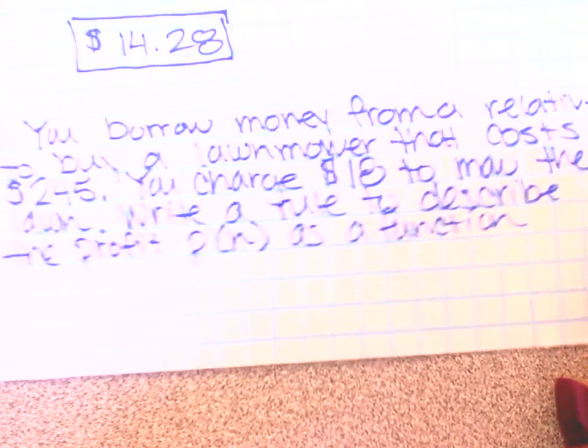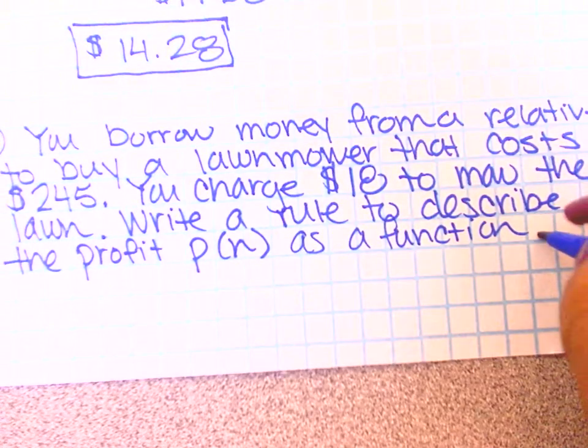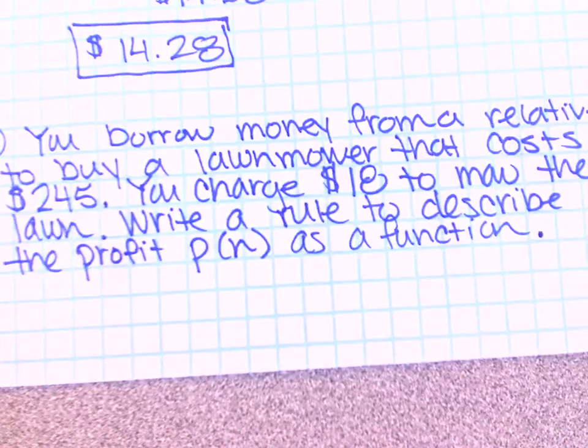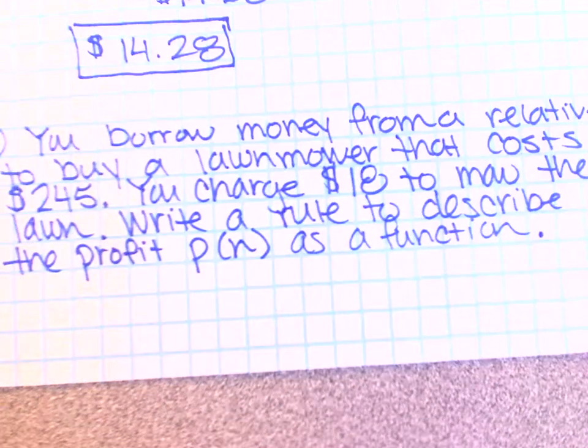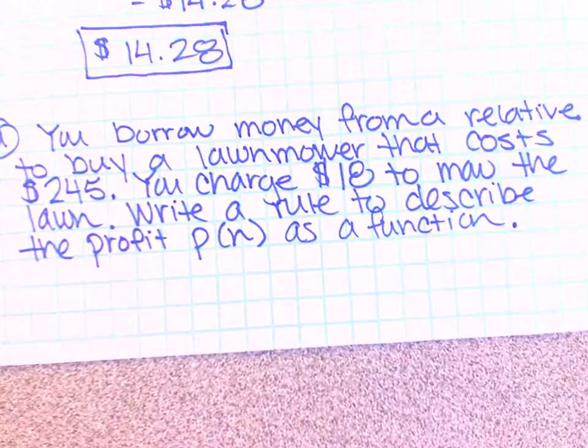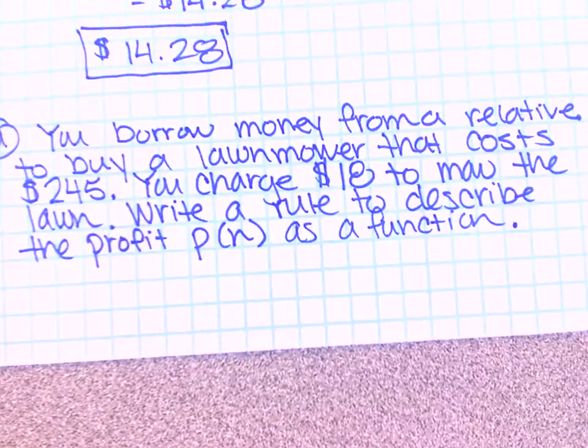There we go. Copy that down. You borrow money from a relative to buy a lawnmower that costs $245, and you charge $18 to mow a lawn. So let's write a function rule to describe the number of lawns that we mow.